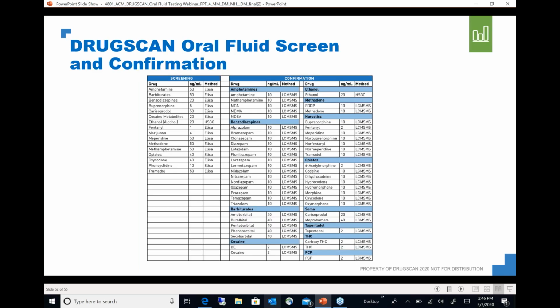Also available will be the oral fluid DRUGSCAN screen and confirmation current test mix, including methodologies and levels, knowing that we're always trying to increase our test mix, and we will be updating these things in the near future as we bring more drugs online.